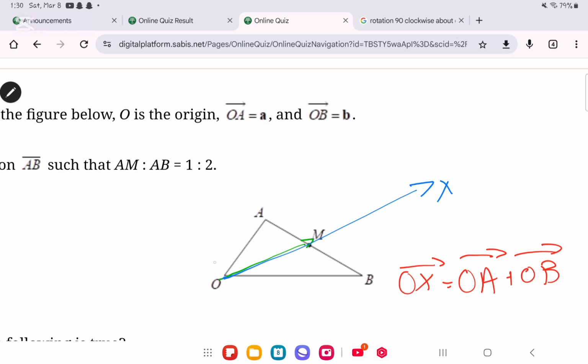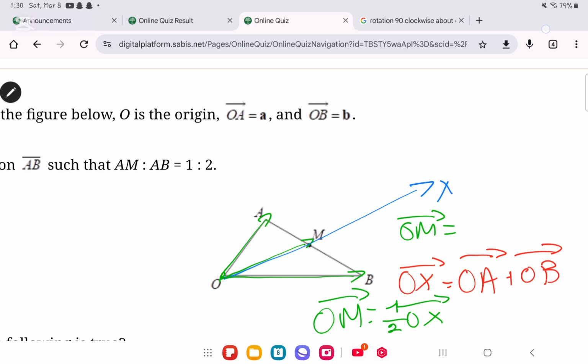So OA is like this, plus OB, and together they give us the value of OX. We know that OM is equal to half of OX, so OM is equal to half times OA plus OB. This is one way to do it.